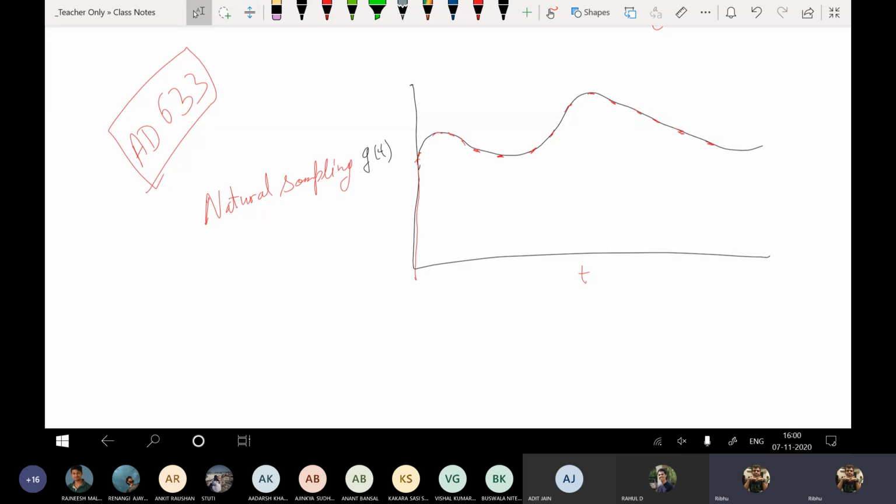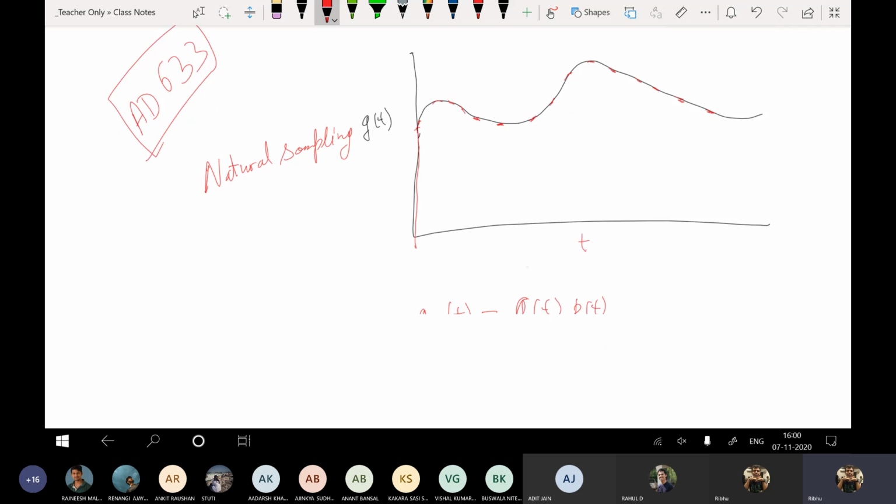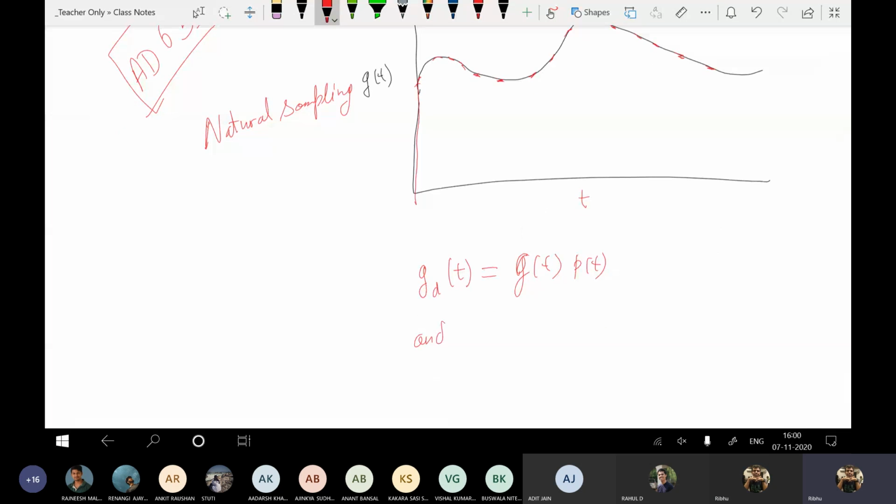Because again, g_d(t) equals g(t) p(t), and G_d(f) equals G(f) P(f).